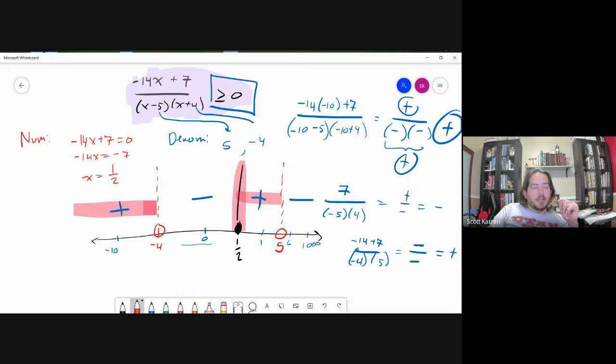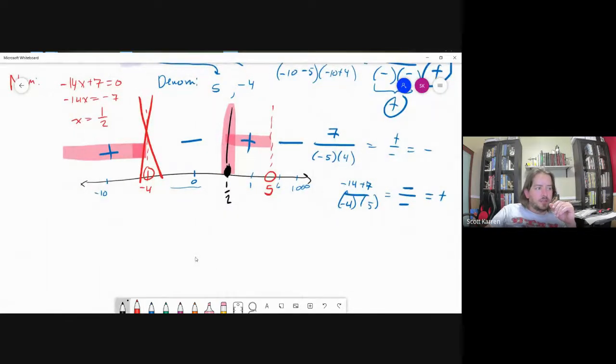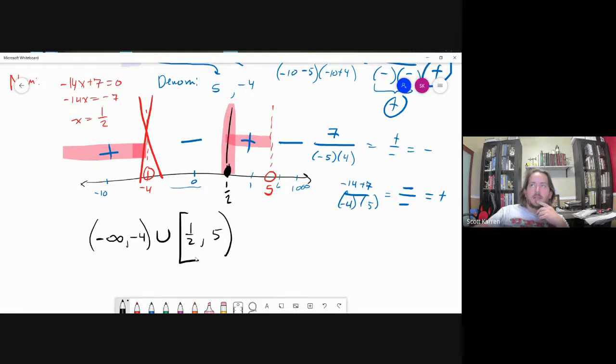So just remember, I cannot include my discontinuities. And so my final answer is negative infinity up to negative 4, not inclusive. And then I union that with 1/2 to 5, not including the 5, but including the 1/2. And that's our interval.